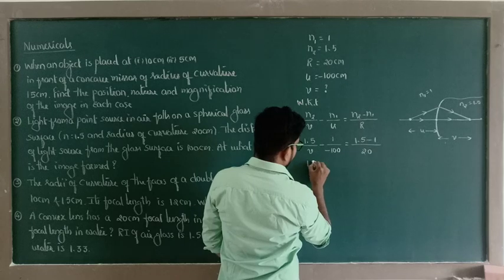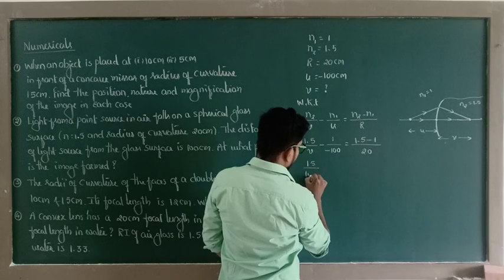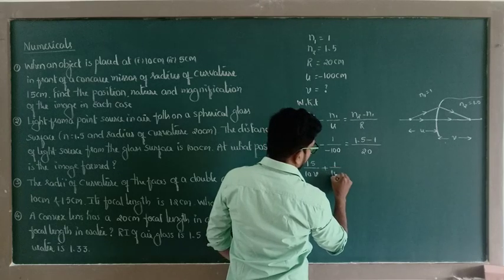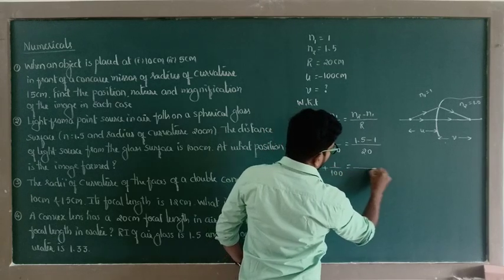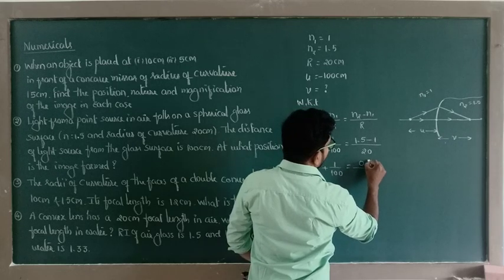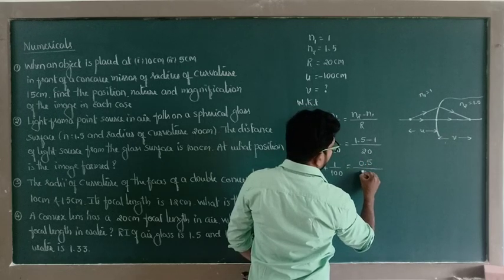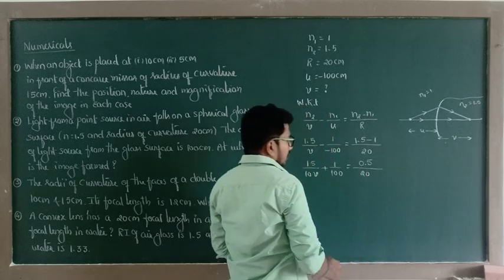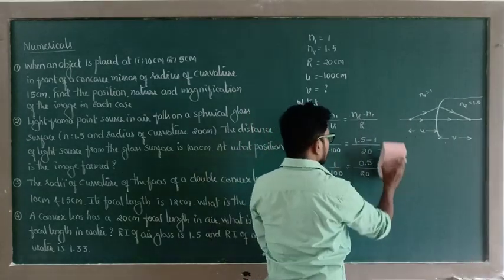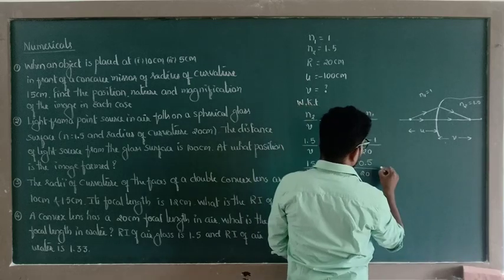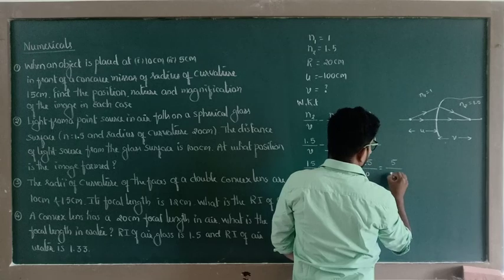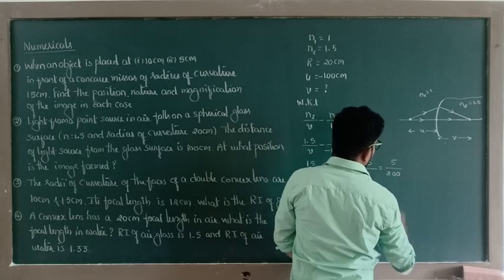1.5 divided by 10v plus 1 by 100 is equal to (1.5 minus 1), that is 0.5 divided by 20, or we can write 5 divided by 200.